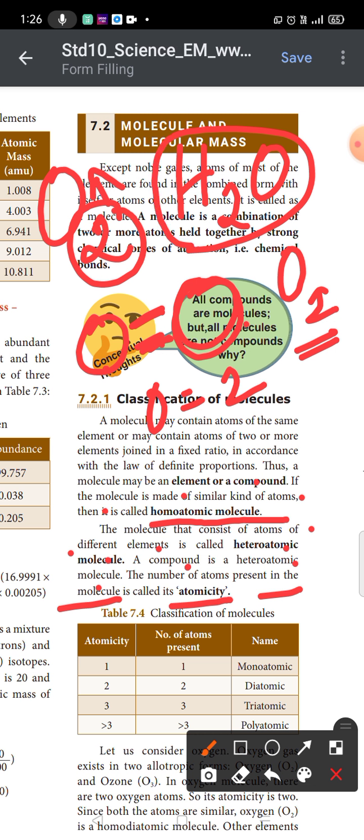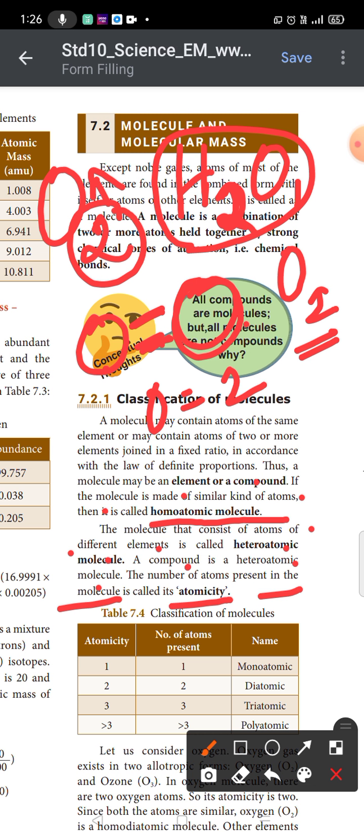The compound I have taken is water. In water, the subscript of a symbol is called the number of atoms. Here you can see the subscript of hydrogen is 2 and oxygen has no number. If there is no number, we take it as 1.